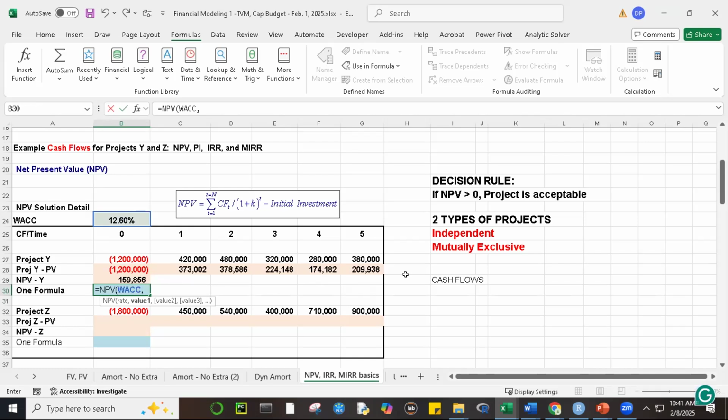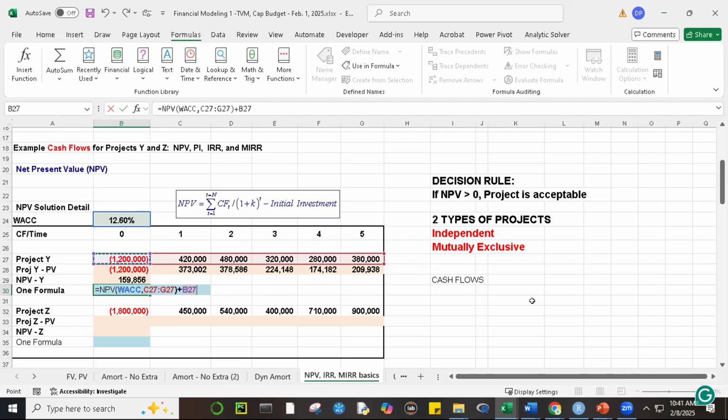Comma. The values are, remember, from after one period there. And then you have to do something about this. Plus, you have to include the initial investment because the NPV function only gets the present values of the future, so it starts with, in this case, year one.